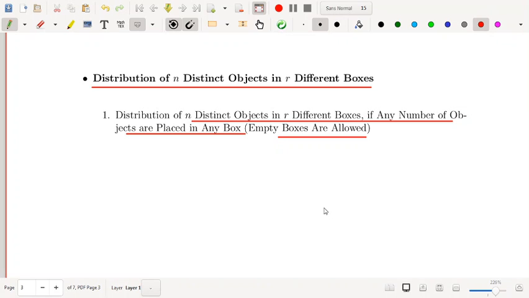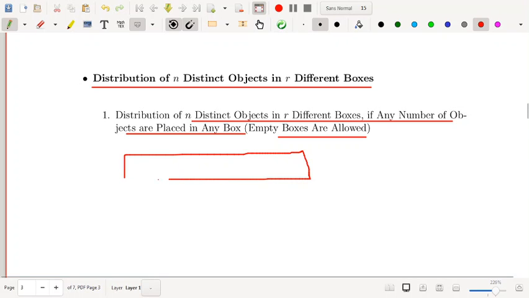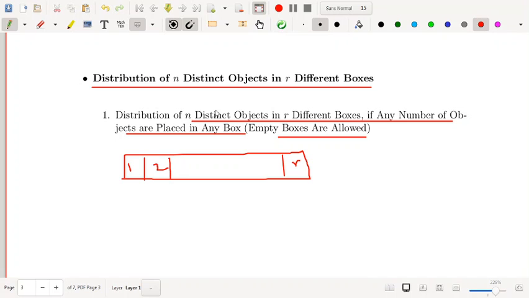I am just drawing the boxes. These are your r different boxes, 1, 2, up to r. So boxes are different and objects are also distinct. So how will you solve this?